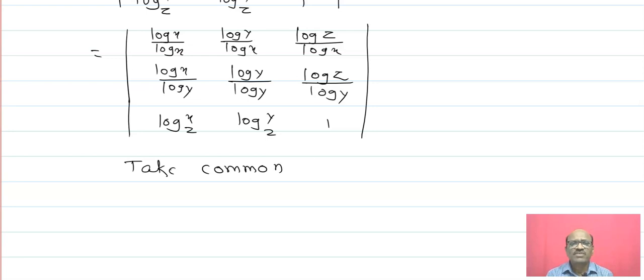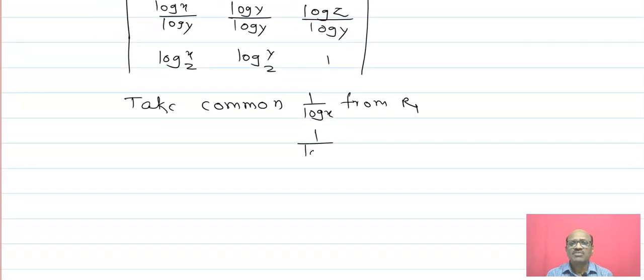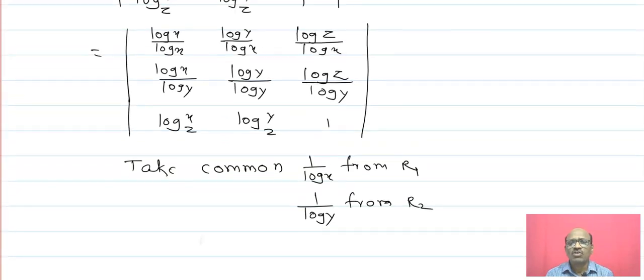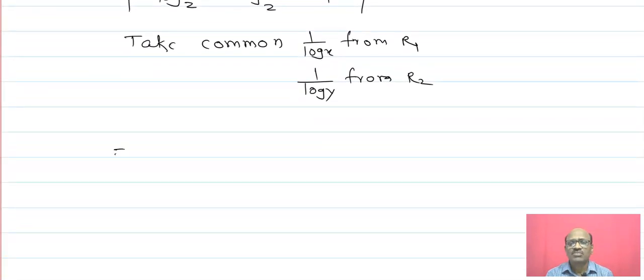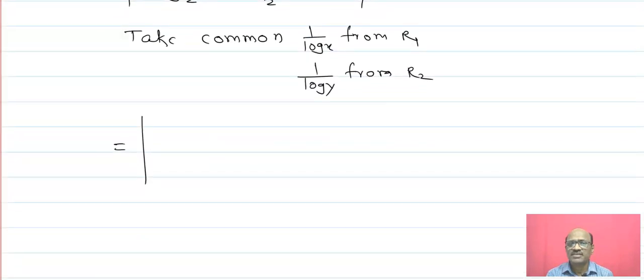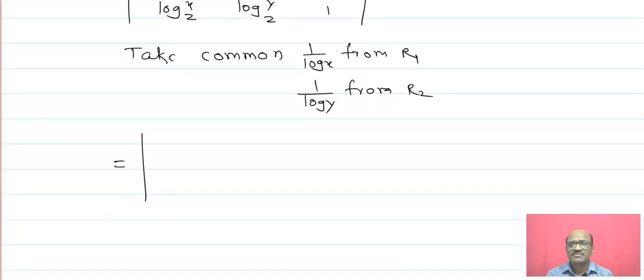From the first row we are taking 1 upon log of x as common from R1, and from the second row we are taking 1 upon log of y as common from R2. Now what's happening here? We are writing 1 upon log of x into 1 upon log of y.